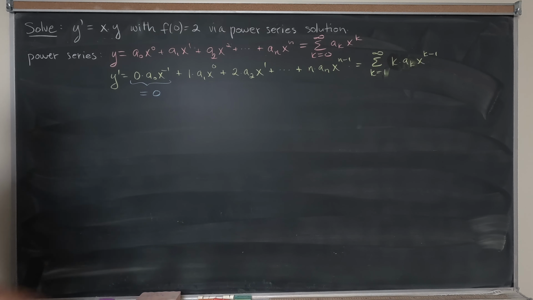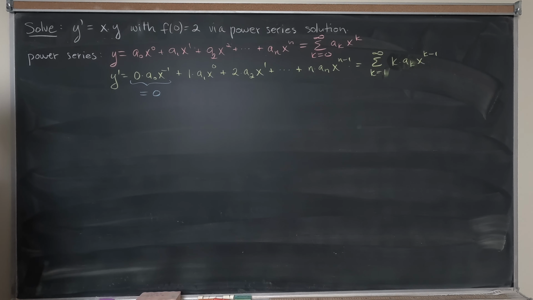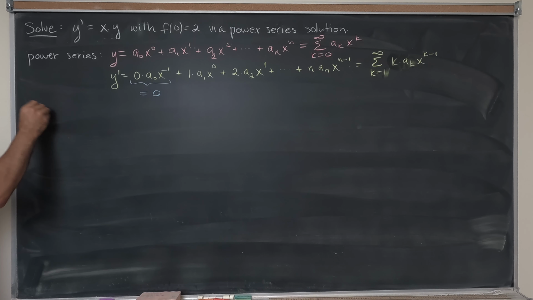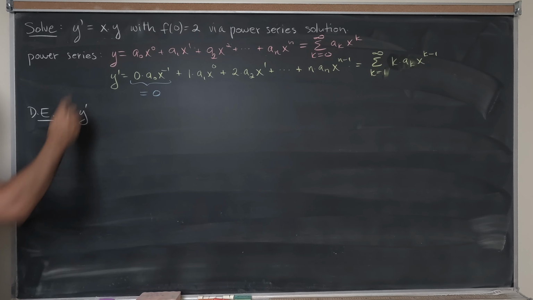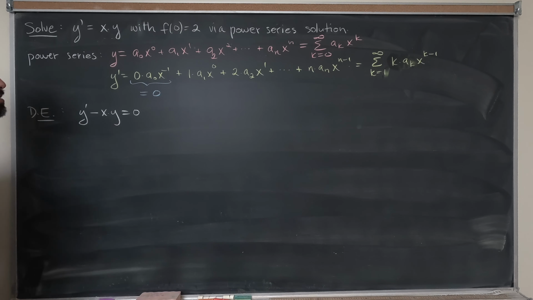Now, assuming this is the solution, that this is our function y we're looking for, we can go back to our differential equation and write it as the following. y prime minus xy equals 0.